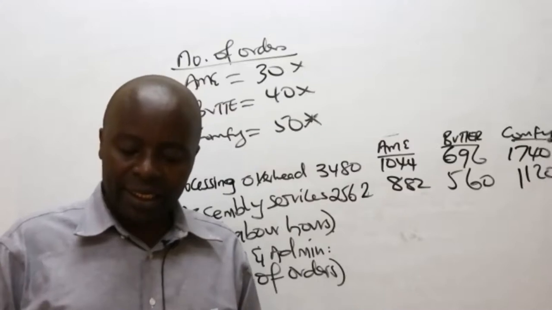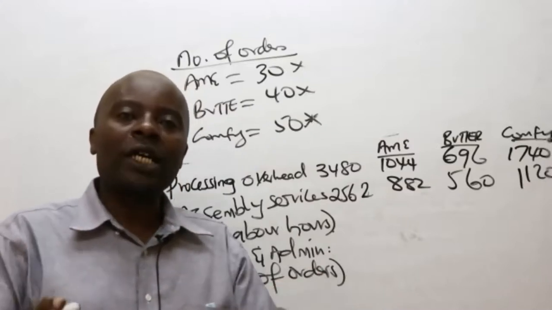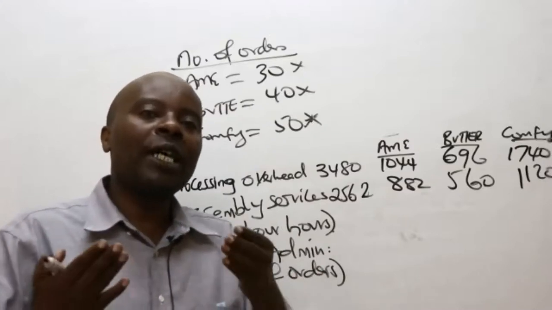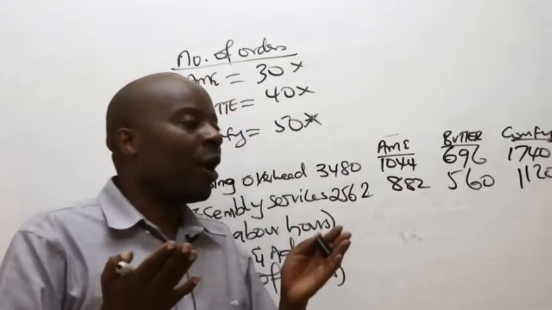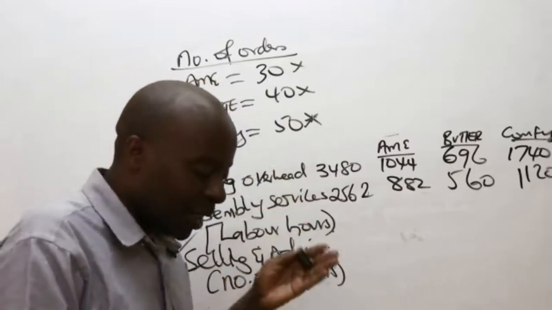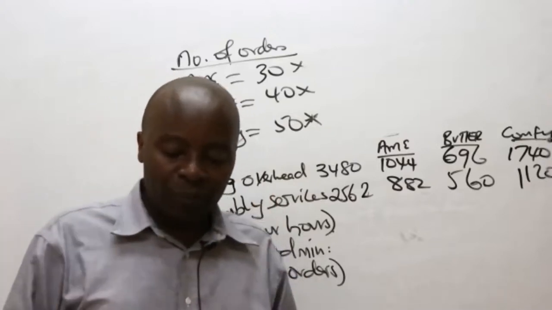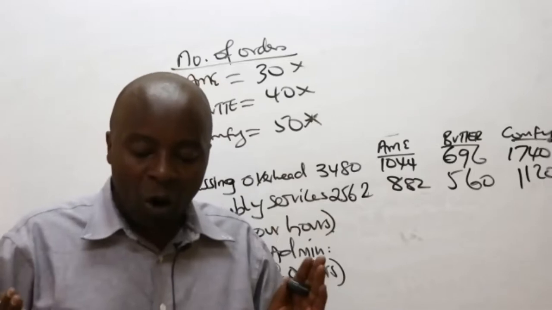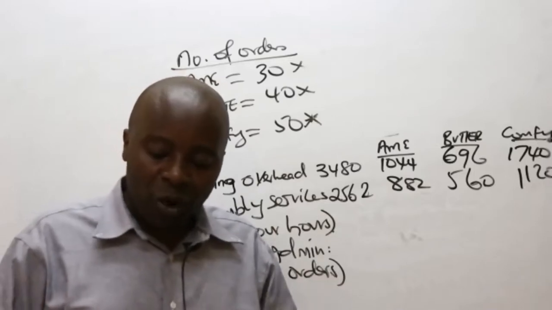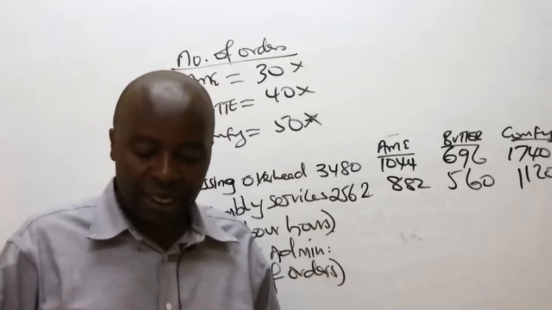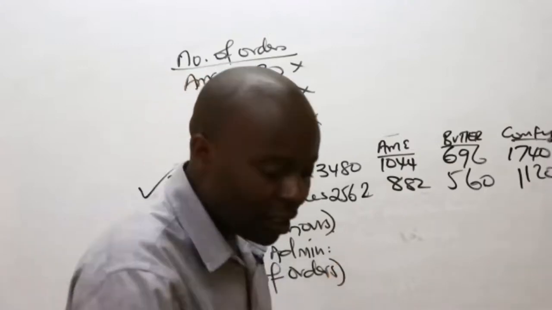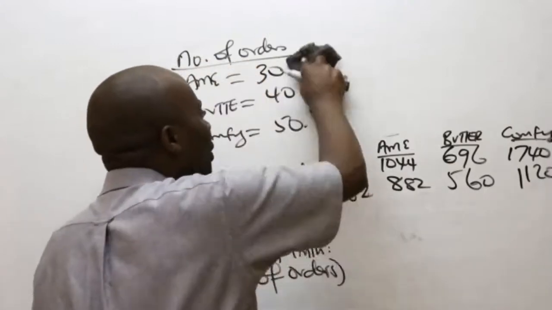We only get to use a number of units whenever they tell us a parameter is on a per unit basis. But when I look at note 4, we have number of customer orders, they're just silent like that. So I should just pick 30, 40, and 50 without doing any multiplications.